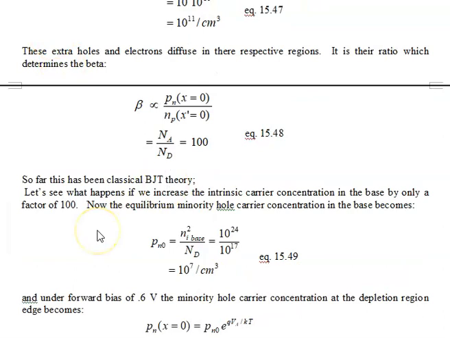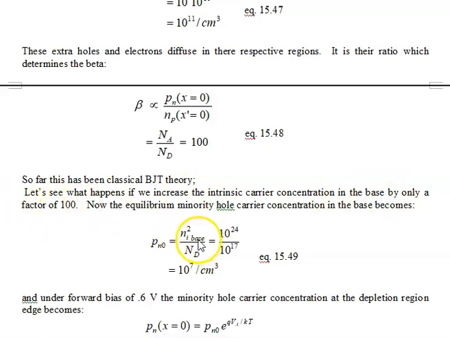Okay, so now we're going to increase not the doping but the intrinsic carrier concentration in the base by making the base a different material with a smaller band gap, specifically not germanium but an alloy of silicon and germanium called silicon germanium, and we're going to increase that by a factor of 100.